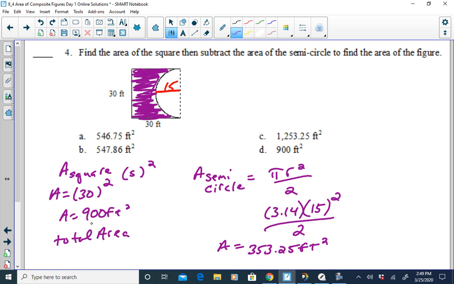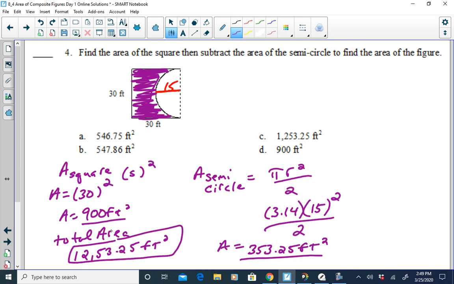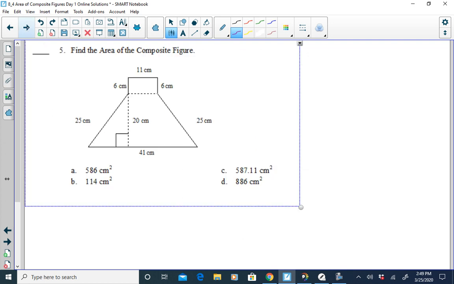We want to add the 900 plus the 353, and that's where we get 1,253.25. Those are square feet, and that's going to be answer C. Okay? All right, our next example.